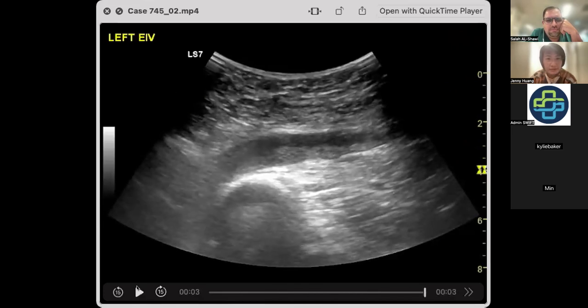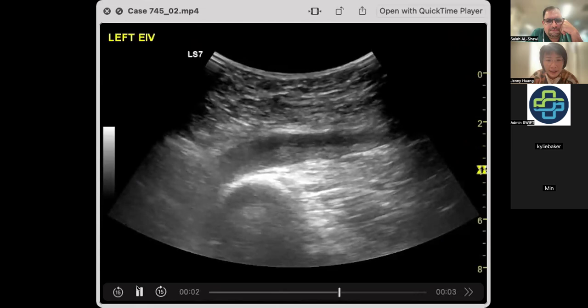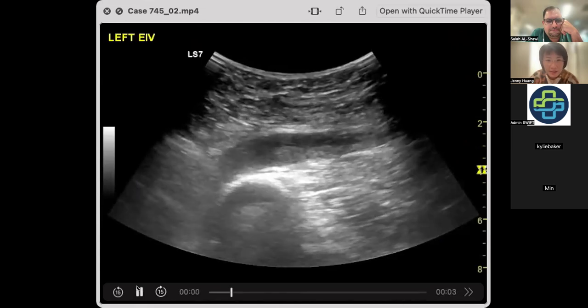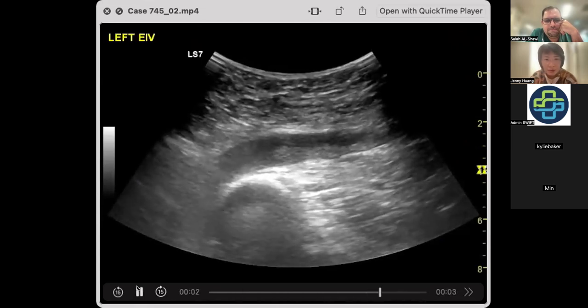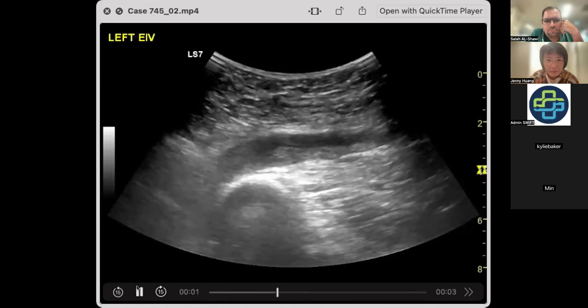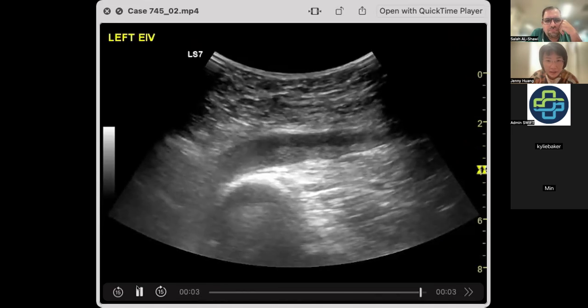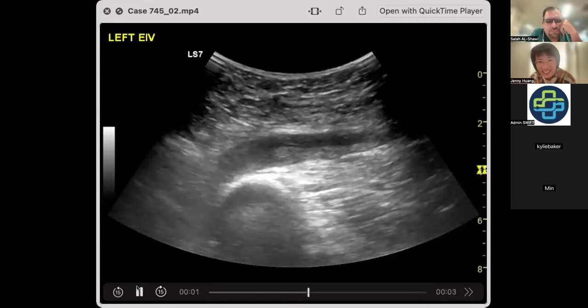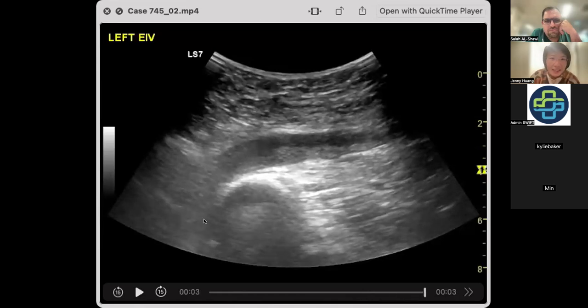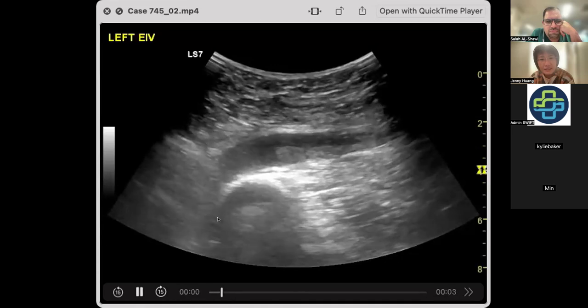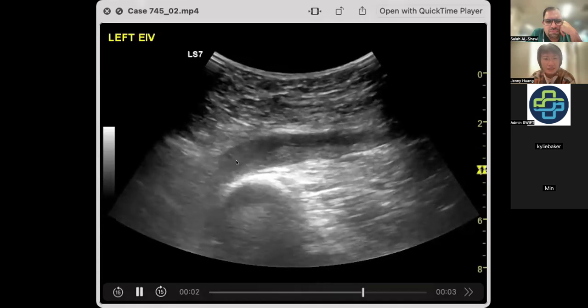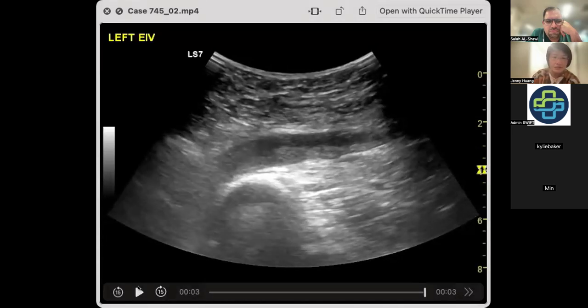That's what it looked like in real time. I am seeing that within the vessel there seems to be a hyperechoic area that I'm suspicious might be a thrombus. Yeah, I agree. Here it looks quite bright. And the other thing is you can see a little bit of spontaneous echo contrast.